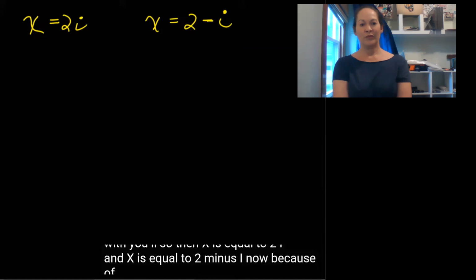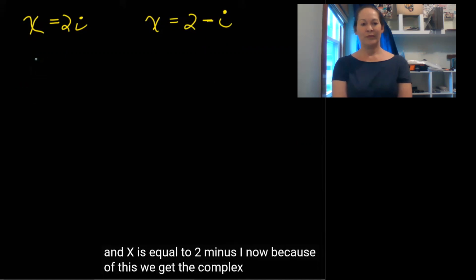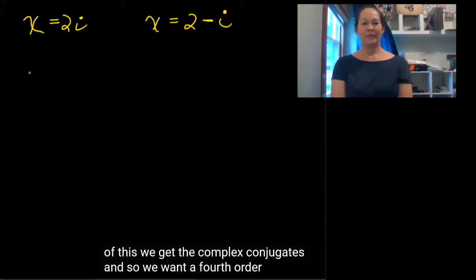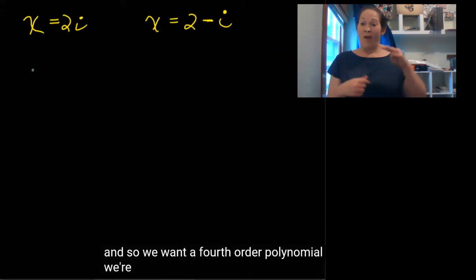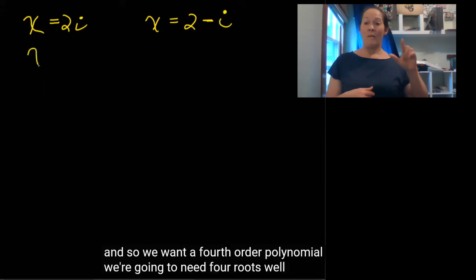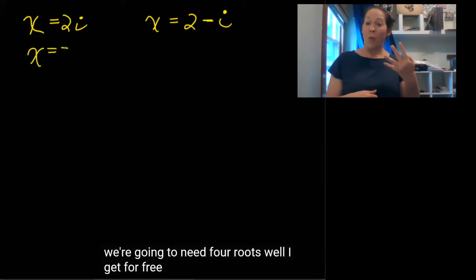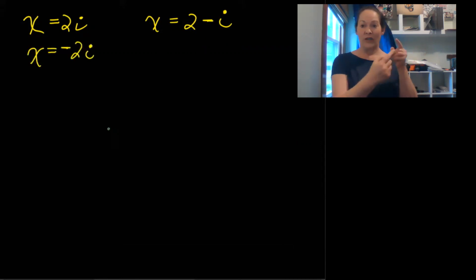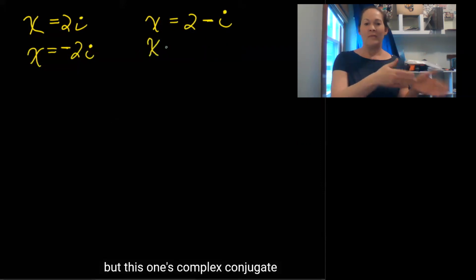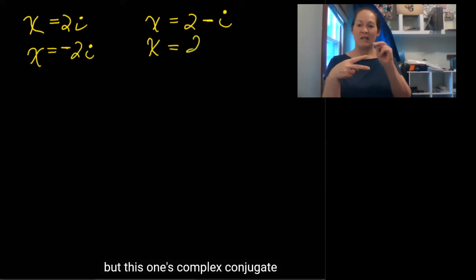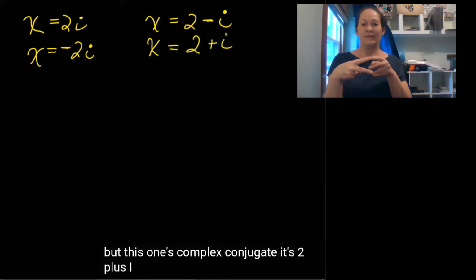Now, because of this, we get the complex conjugates, and so we want a fourth order polynomial. We're going to need 4 roots. Well, I get for free minus 2i. But this one's complex conjugate is 2 plus i.